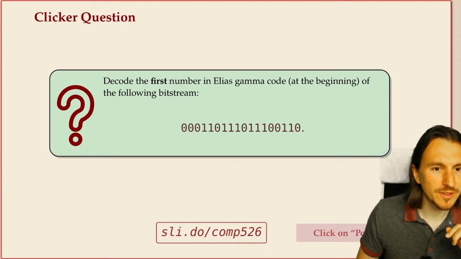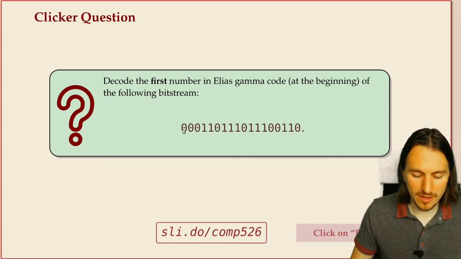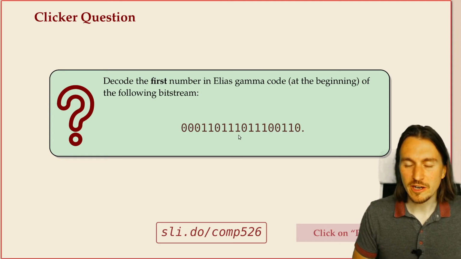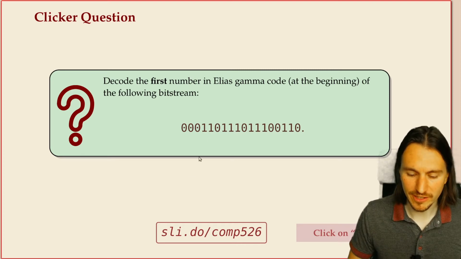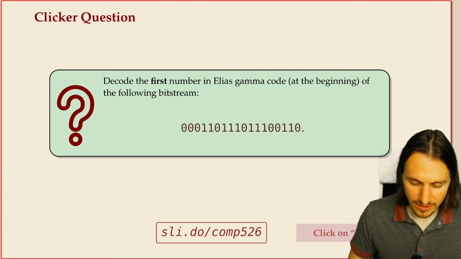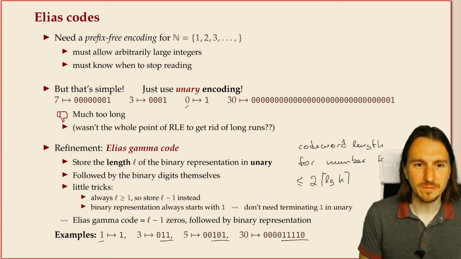Before we come back to the string question, let's practice this one. Here is a bit string. There are more numbers encoded here, so you're just asked to decode the first integer in Elias gamma code at the beginning of this bit string. I'll show you the code again. You have the bit string in the question.